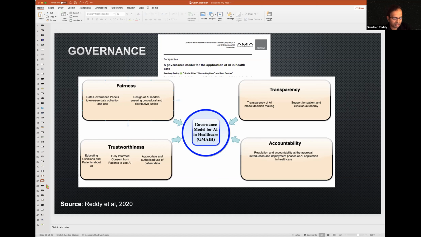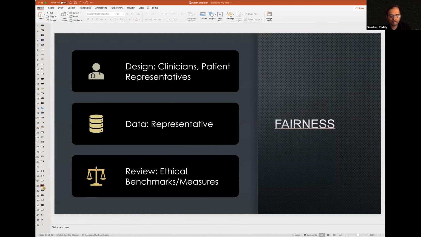Let's spend some quick time reviewing each of those components. From a fairness point of view, I propose that we need to consider in the very beginning, when we acquire data sets, a data governance panel, basically inviting representatives from the patient community, from the clinician community, and from data scientists, so that you ensure that the data you use to train machine learning models is representative of the population you're targeting, but also does not have any biases.